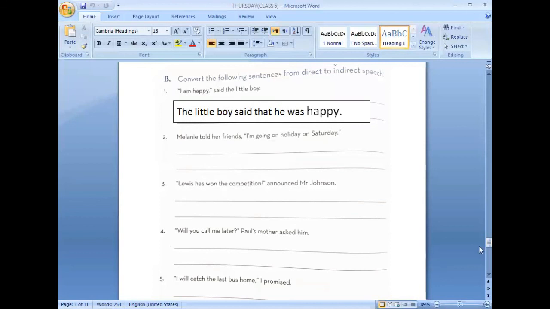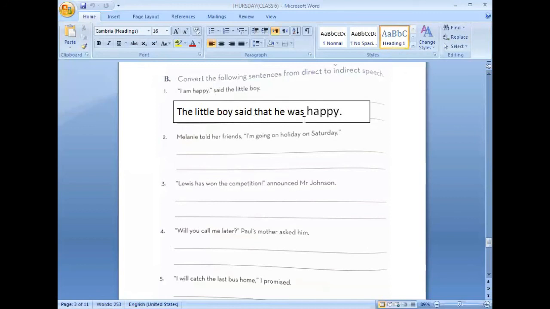Now here you have to remember the three things: when we change direct speech to indirect speech, certain changes take place. What are those changes? First of all, you'll remove the inverted commas. And then you will add the conjunction that.